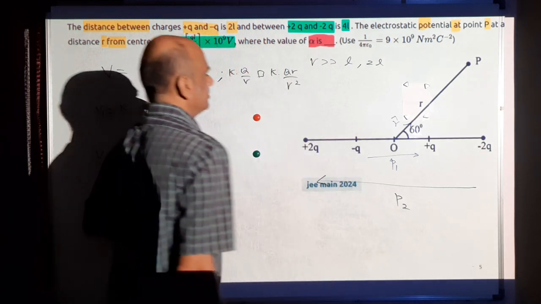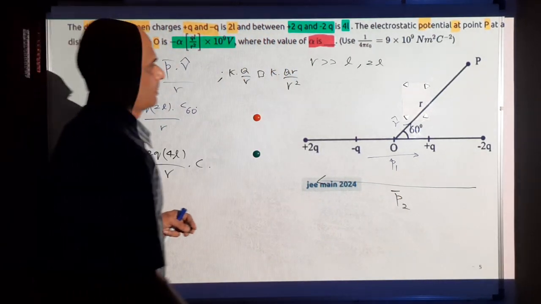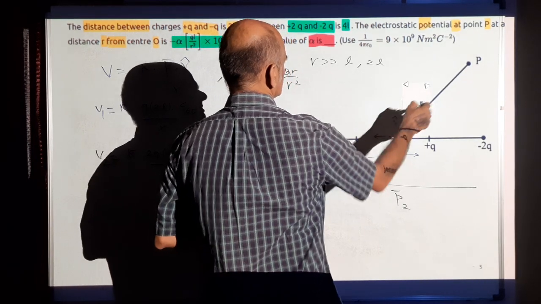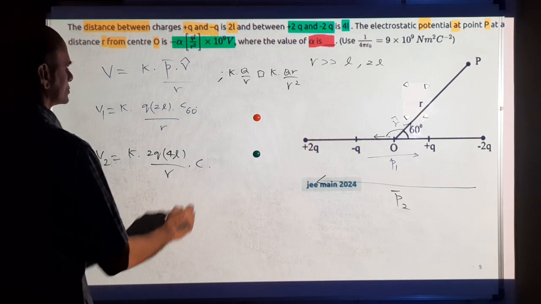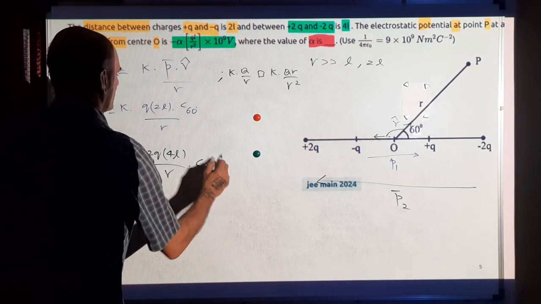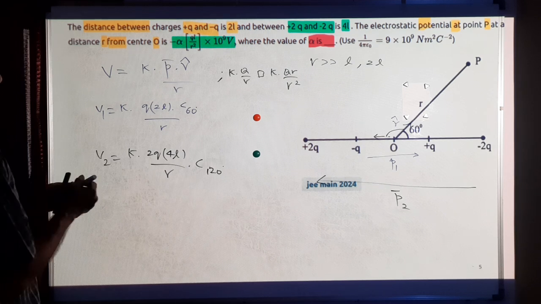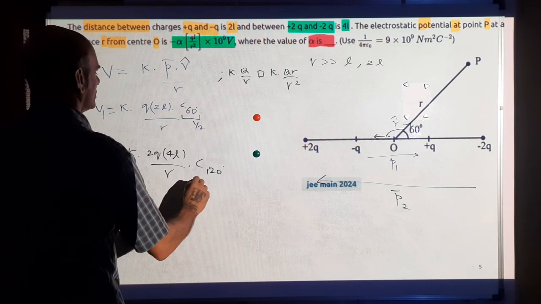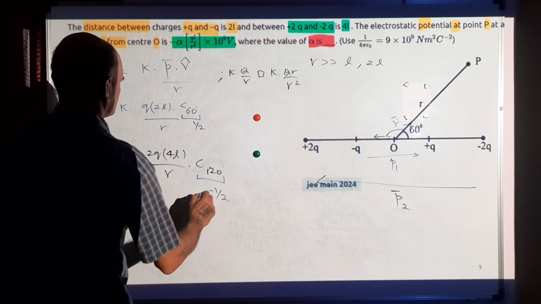The direction of P is from the minus charge to the plus charge. So this is the P2 direction, and this is the R cap direction. The angle between those two is 120 degrees. So cos 120 degrees. Cos 60 is half. Cos 120 is also half in magnitude, but it's in the second quadrant, so it's minus half.